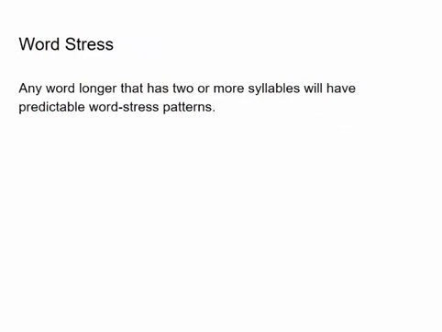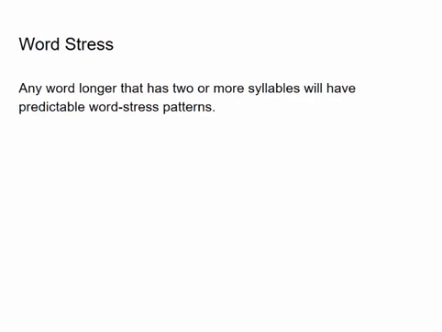Okay, a second category, another feature of pronunciation that can either pull your score down or pull your score up if you do it well, is word stress. Now word stress relates to the words that have more than one syllable.